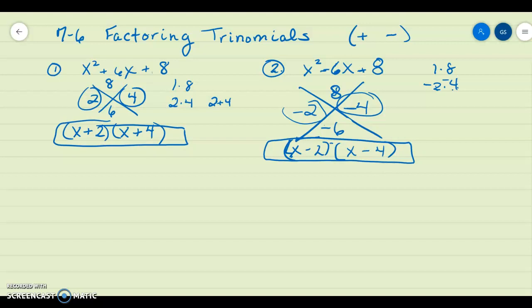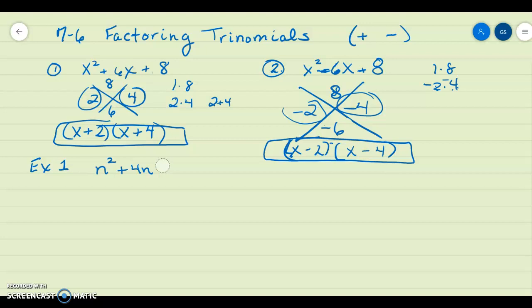So what we're going to do today is, instead of doing something like number 2 where it was a subtraction then an addition, we're going to do something where it's an addition then a subtraction. So example 1. Example 1 says n squared plus 4n minus 12.